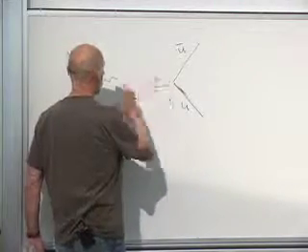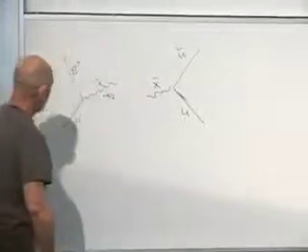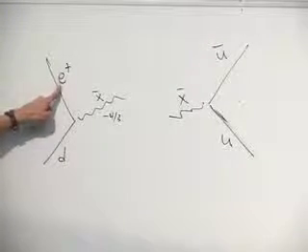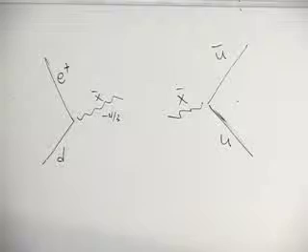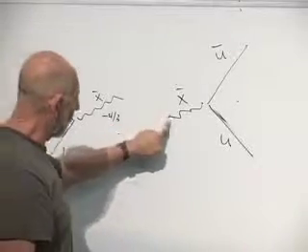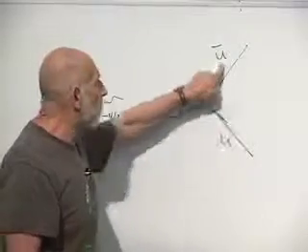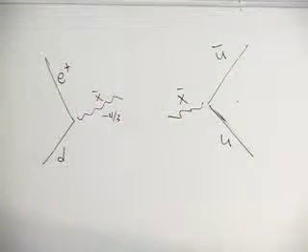Let's check that. This had charge minus 4/3, right? It went from minus 1/3 to plus 1. This must have had charge minus 4/3. Now we take minus 4/3, add it to 2/3, and we get minus 2/3. All right? So here are two processes that can happen involving the X bar.